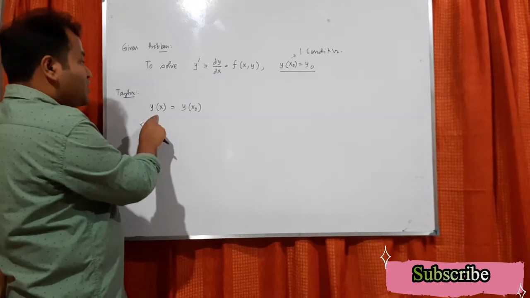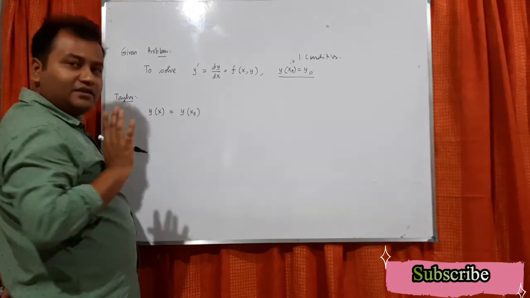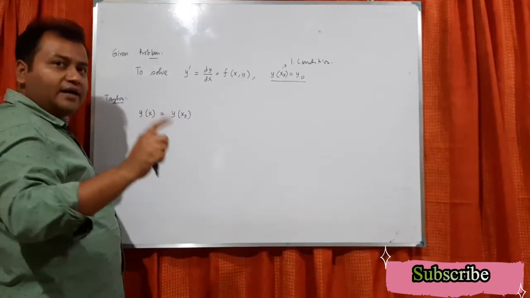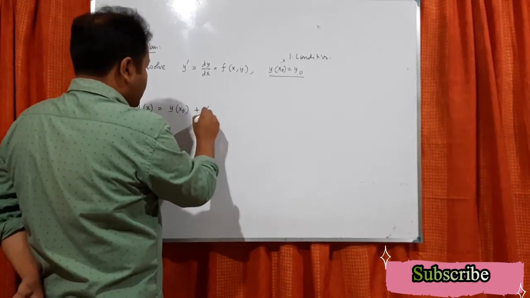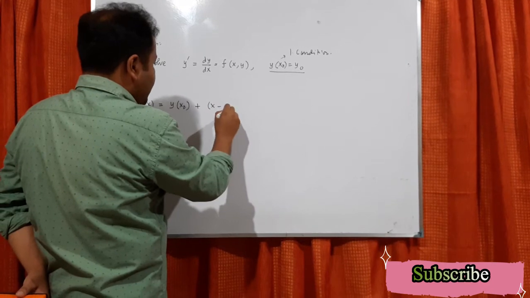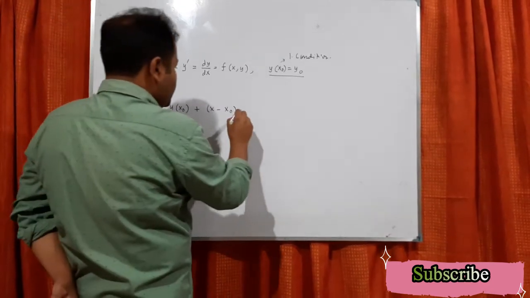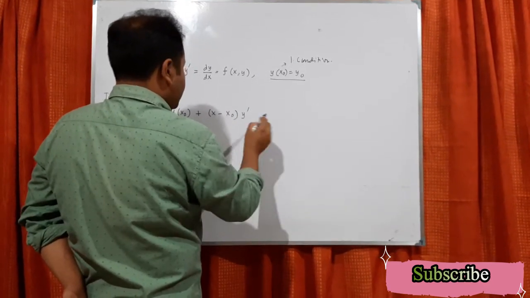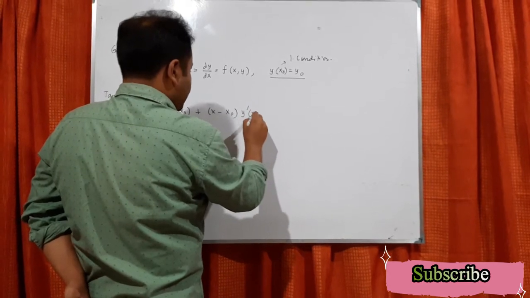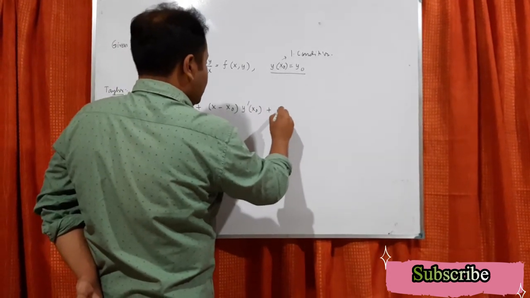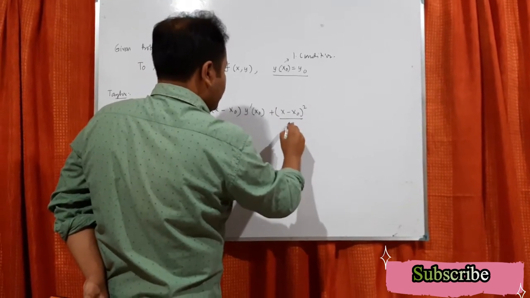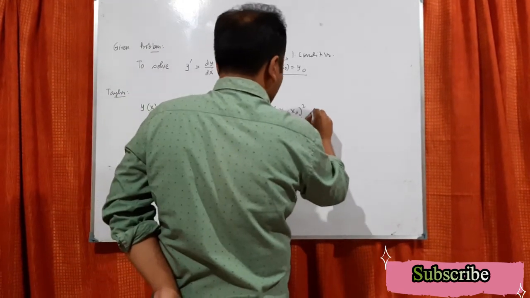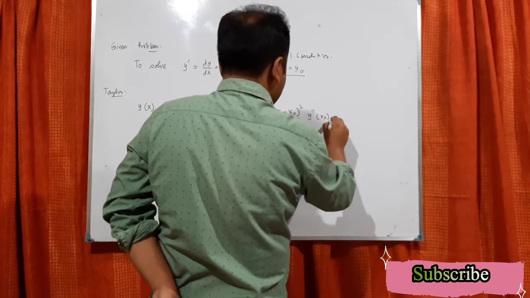If it is around the point 0, it should be y of 0. If it is around the point 1, it should be y of 1, plus x minus x naught y dash x naught, plus (x minus x naught) square by factorial 2 y double dash x naught, and so on.